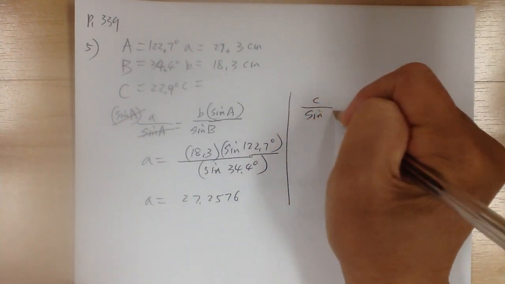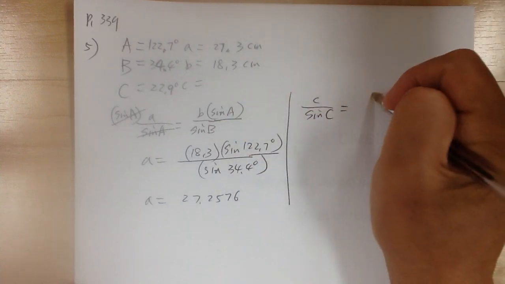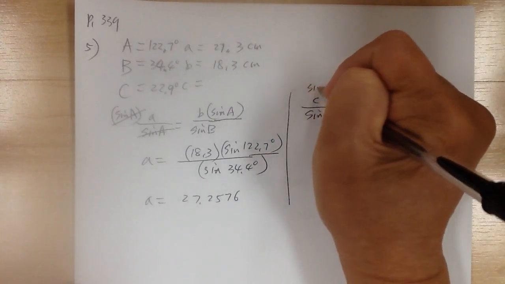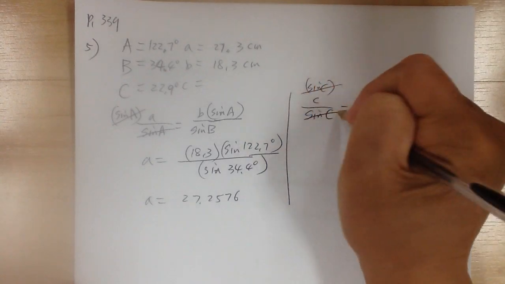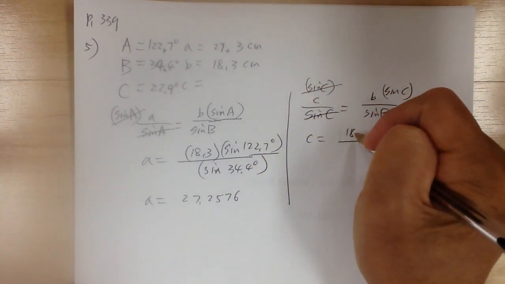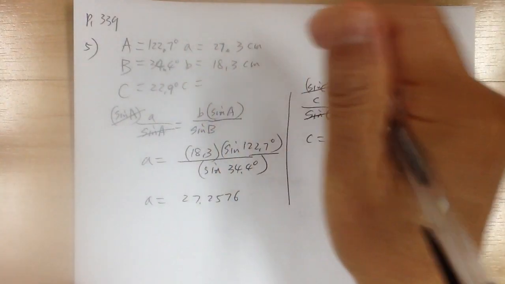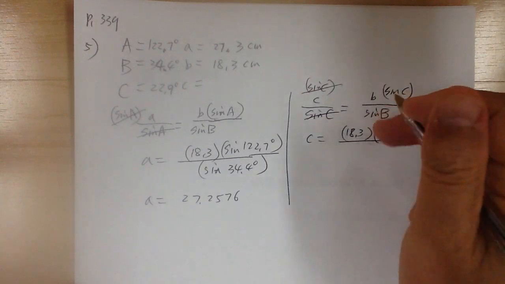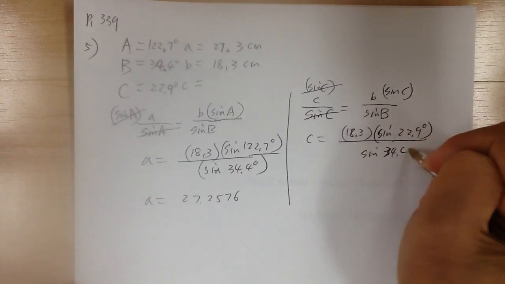Okay, to find C, do the same thing. C over sine C equals, use the B because it's given. Multiply by sine C on both sides. So this will cancel out. So C will equal 18.3, sine of C is 22.9 degrees, and B is this one here, so it'll be sine of 34.4 degrees.